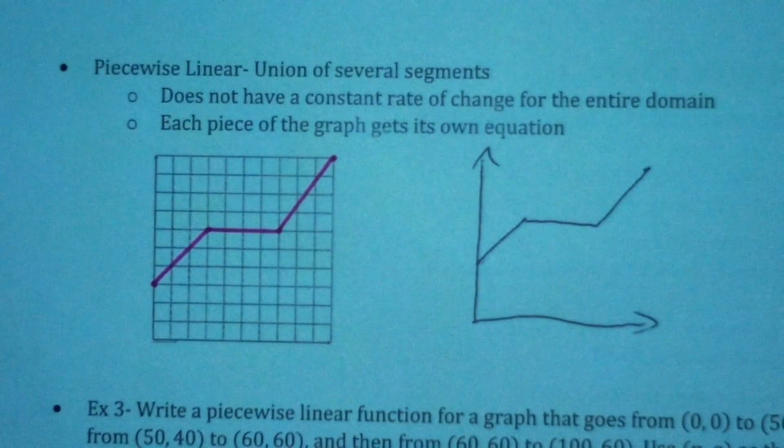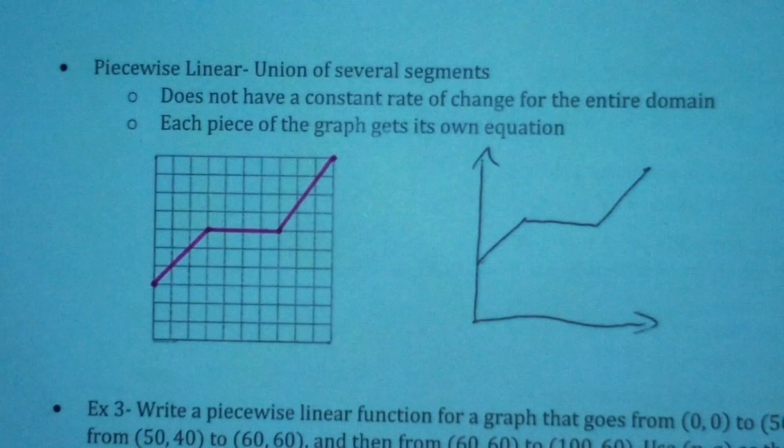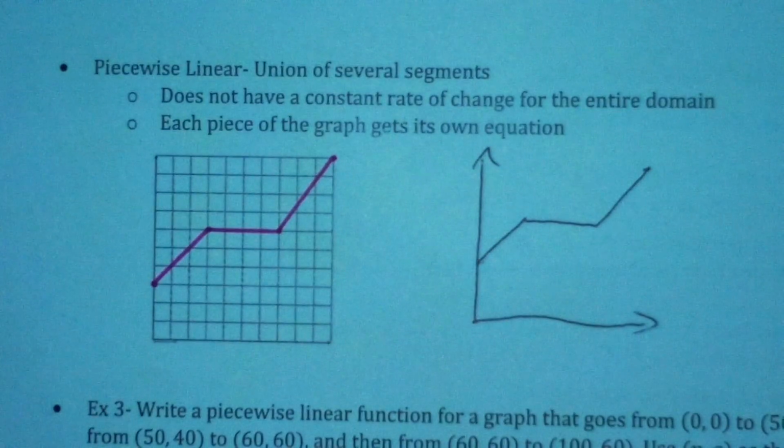What I'm going to do is each of these chunks of the graph in a different color. So let's just start by labeling our graph out here. I'm going to go out to 100 each way, counting by tens.